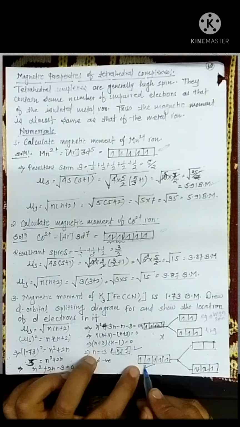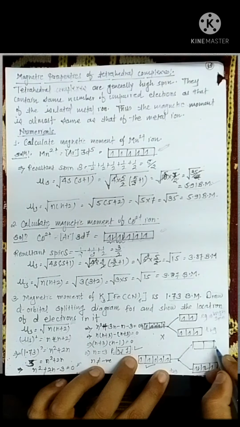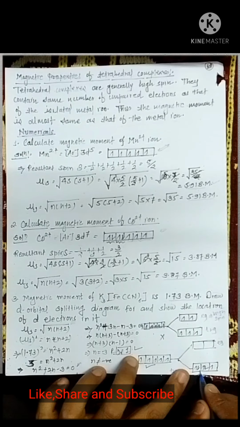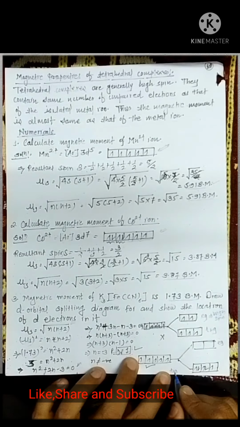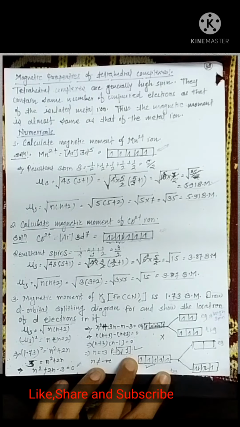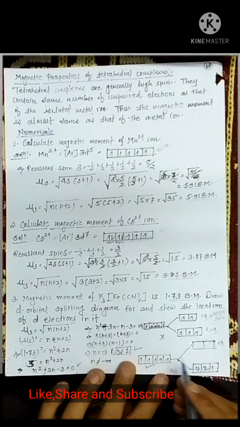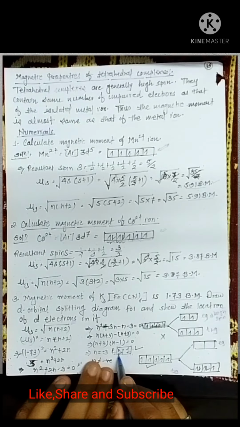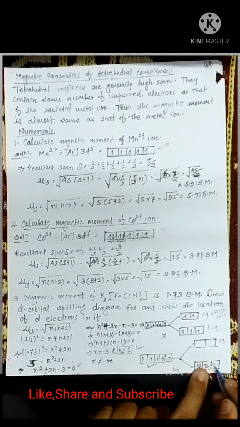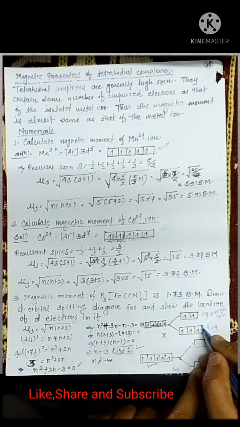And in the second case, we write 5 electrons in the t2g set of orbitals and there is no electron present in the eg set of orbitals. Now we have to decide which is the correct diagram for the given complex. Now see that the number of unpaired electrons which we calculated is 1, and in this diagram the number of unpaired electrons is 1, while in this diagram the number of unpaired electrons is 5.